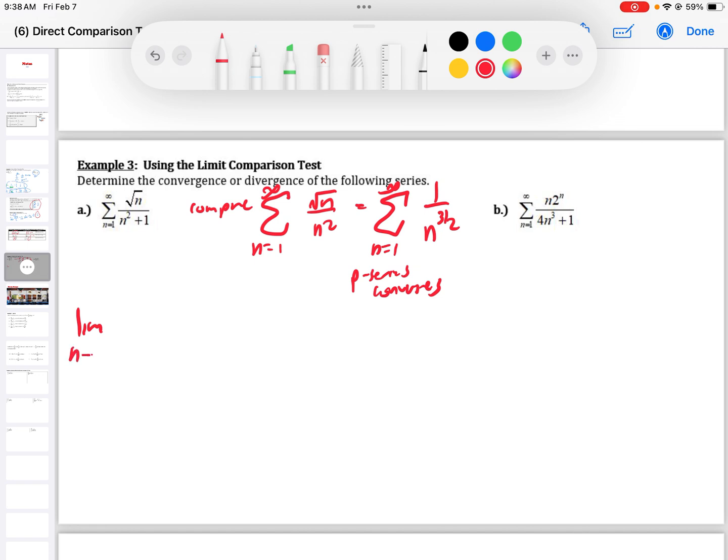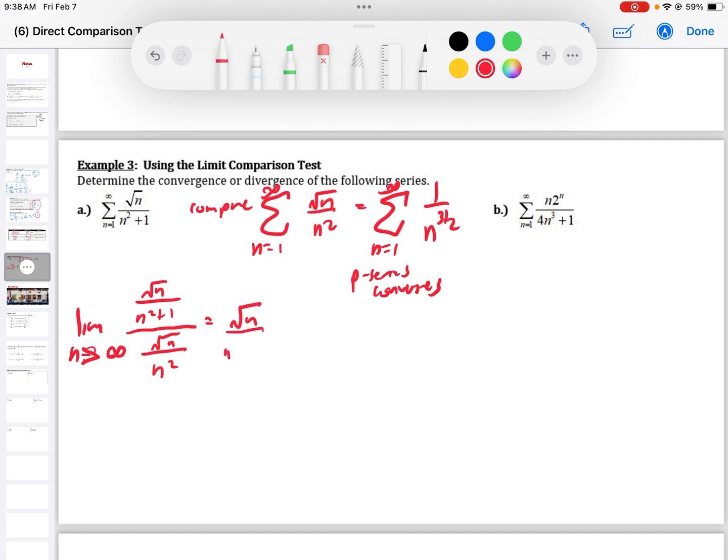So if I find the limit as n goes to infinity of square root of n over n squared plus 1, all over square root of n over n squared, and if this gives me a positive finite number, then I know my original series also converges because they'll behave the same.